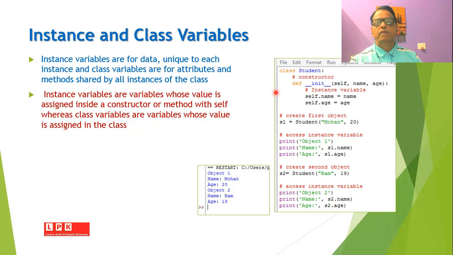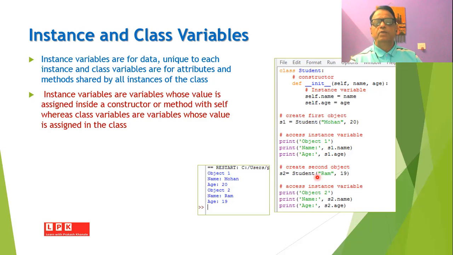For example, if I have a class Student, then I can have a constructor, or init method, where the instance variables are written as self.name = name and self.age = age. Then I can create an object s1 = Student(Mohan, 20), and access the instance variables s1.name and s1.age, where I print the name and age of object 1.